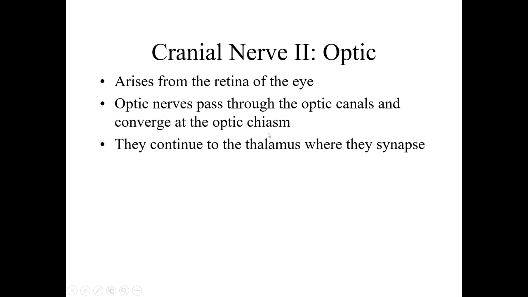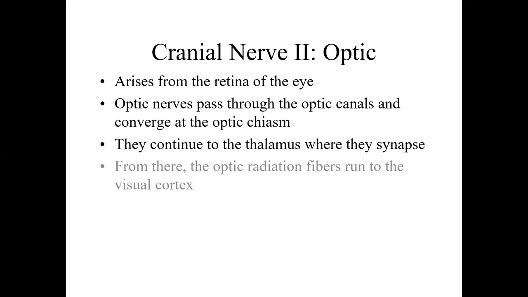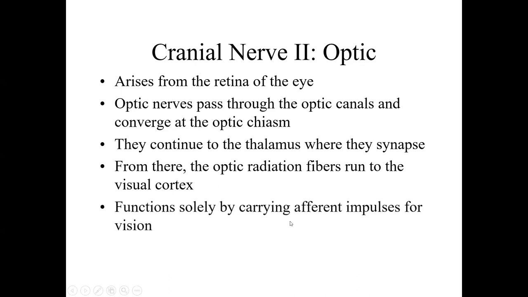And after that, it is the optic tract, which reaches the thalamus, or to be more specific, the lateral geniculate body, where they have the last order of neurons, which will radiate, therefore called optic radiation or projection, to the visual cortex that is in the occipital lobe. So this is solely carrying the signals of vision.